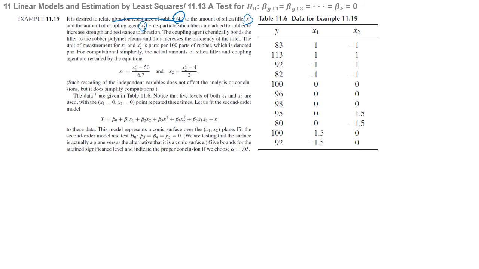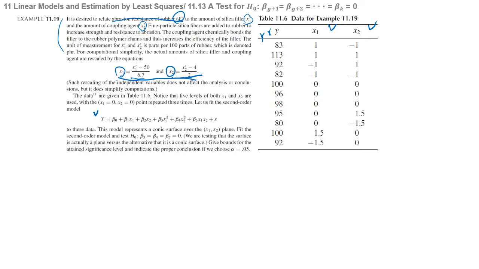PHR. Actually this description is a bit complicated, but the main point is we do a data transformation like this for the x1 and x2 variables, and x1 and x2 are listed here, and here y is the abrasion resistance of rubber, and how we would like to model the situation is something like here.